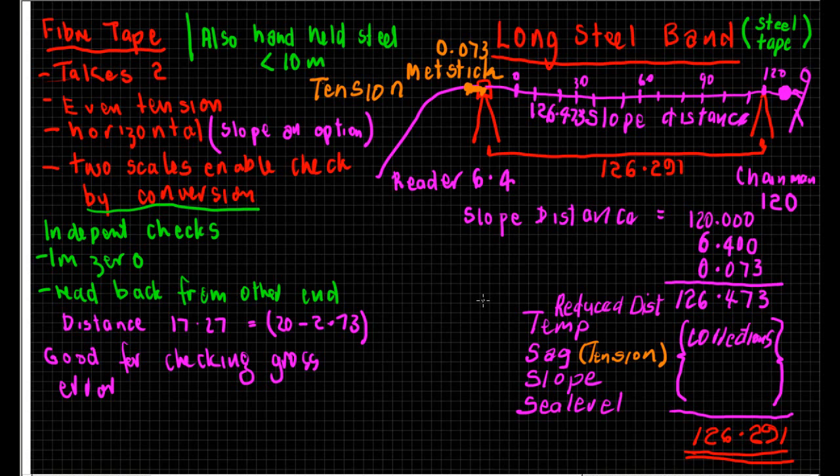There are a number of other ways of using the fiberglass tape to do an independent check. One is to get the chainman, the person at the zero end of the tape, to set the tape on another value, usually 1 metre.